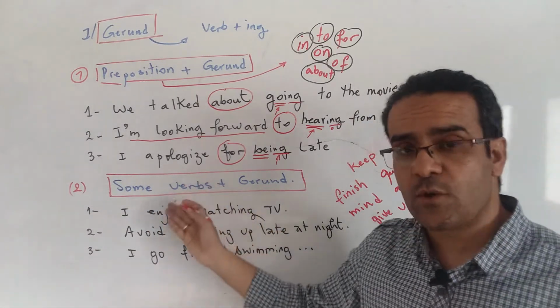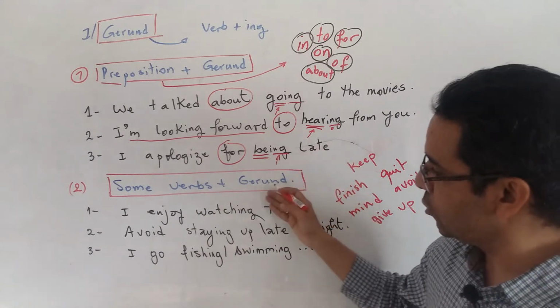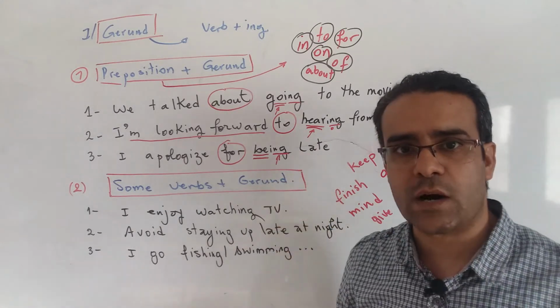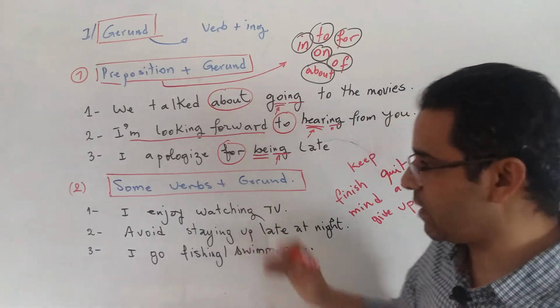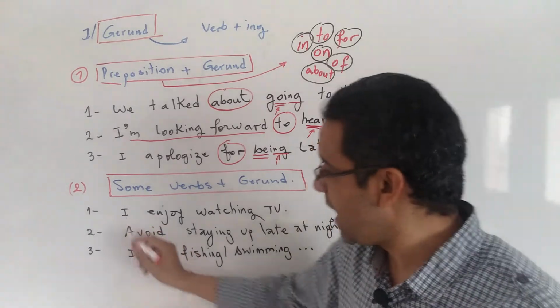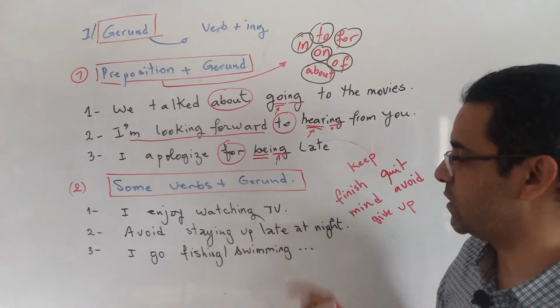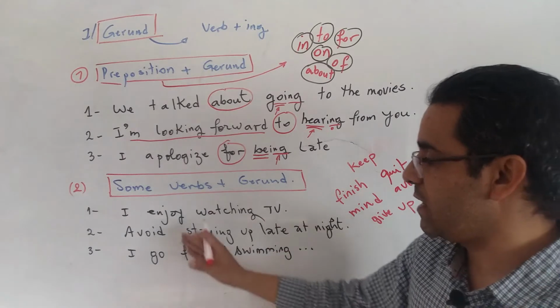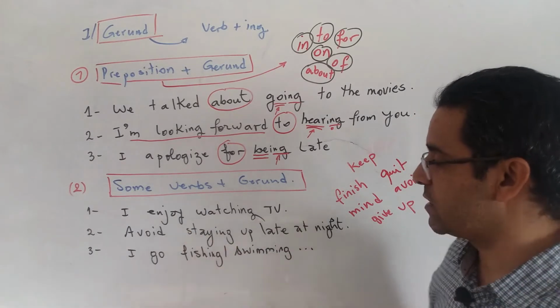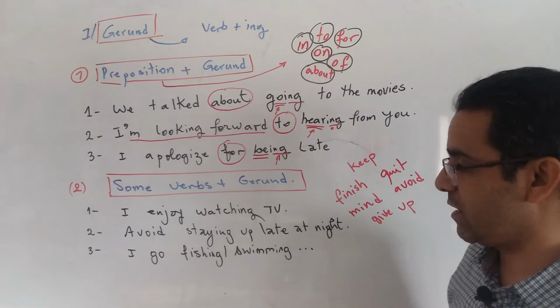Now, the second part. There are some verbs that are exclusively followed by gerund. Let's give first an example. I enjoy watching TV. I avoid staying up late at night.